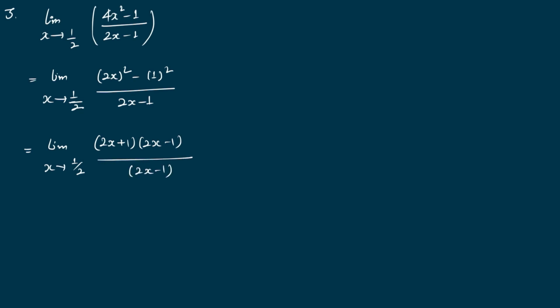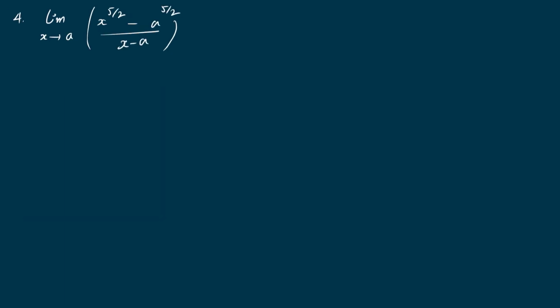As you can see, 2x minus 1 and 2x minus 1 get cancelled out. So we will be remaining with limit x tends to 1 by 2, 2x plus 1. Now there is no problem in putting the value of x as 1 by 2. So we get 2 into 1 by 2 plus 1. Here 2 and 2 get cancelled, then we will be remaining with 1 plus 1. So our answer will be 2 for this question.